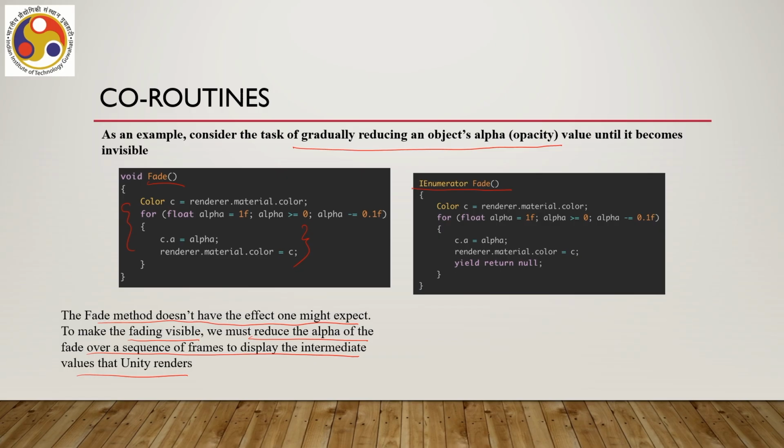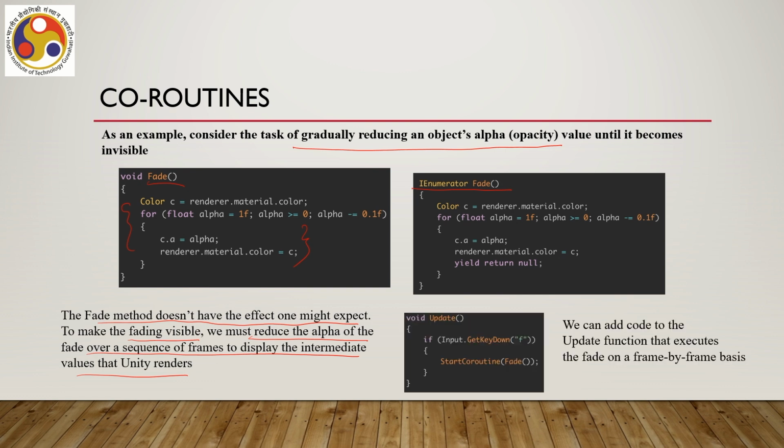Then over a period of time we can perceive the change in the opacity value and how the object is disappearing gradually. This is possible only when we implement the idea as a coroutine rather than a single call function.